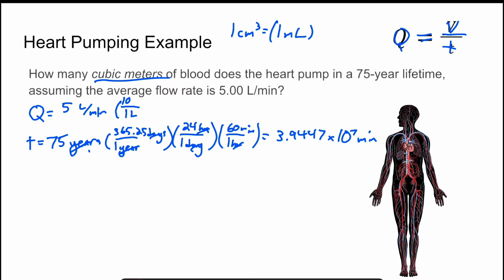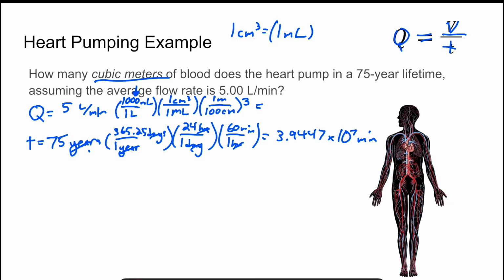So for every 1 liter, we have 1,000 milliliters. For every 1 milliliter, we have 1 centimeter cubed. And we know there's 100 centimeters in every 1 meter. But that means we've got to cube that to figure out how many centimeters cubed there are in 1 cubic meter.